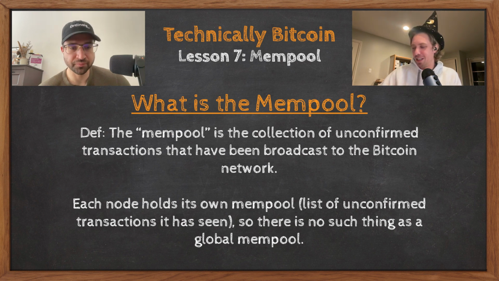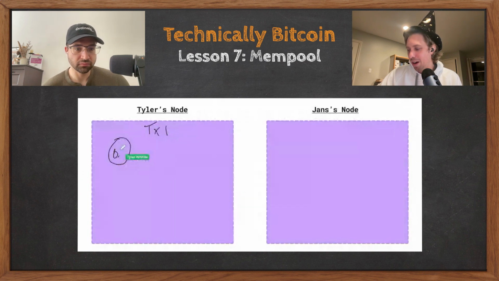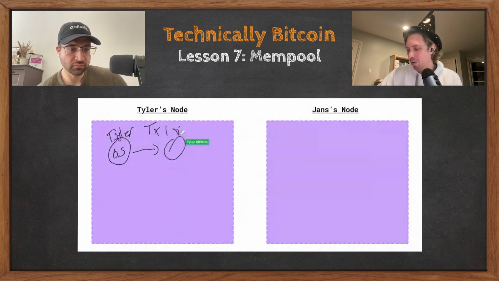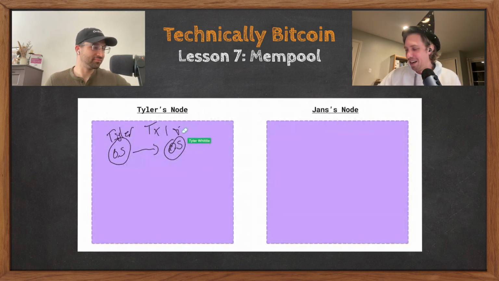So let's look at a quick example here. Let's say that my node has a couple of transactions in it. It might have transaction one, where I'm going to send 0.5 Bitcoin from Tyler to Jan. If you remember from our earlier episodes on UTXOs, you can think of this as a transaction that's sitting in my node that we want to broadcast out to the network.